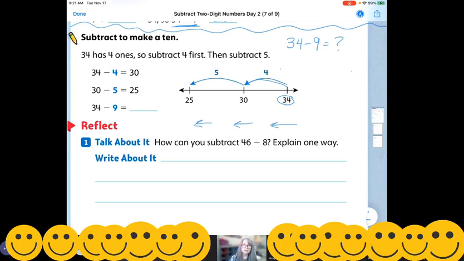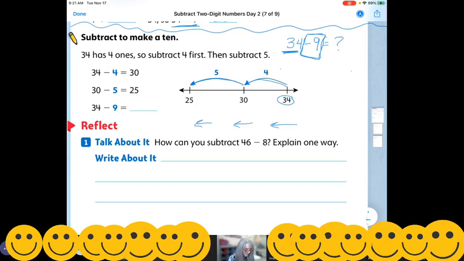In this case, we are subtracting a total of 9, okay? So in order to subtract on the number line, we start with our largest number in our equation, which is 34, and then we're going to make our hops add to 9.